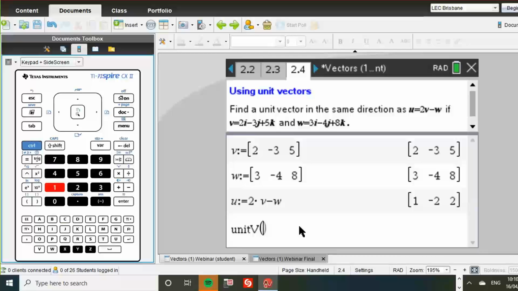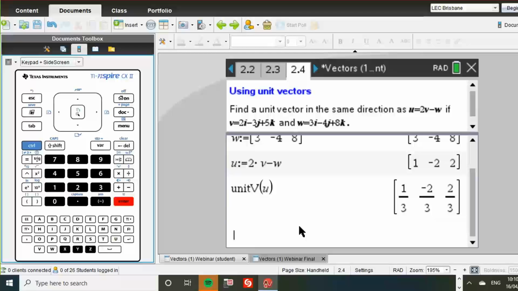In subsequent examples, and also in vectors part 2, I'll type in unitV. That also works. So we want the unit vector in the direction of U, and we press enter. The unit vector in the same direction as vector U, given vectors V and W, is in this instance 1/3 I minus 2/3 J plus 2/3 K.